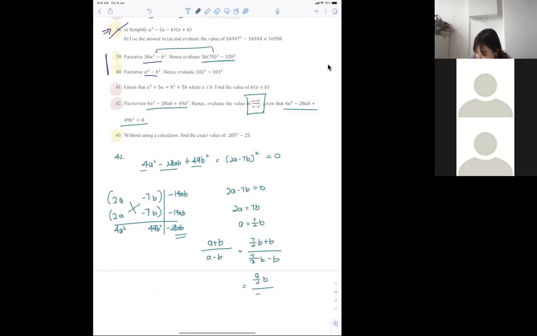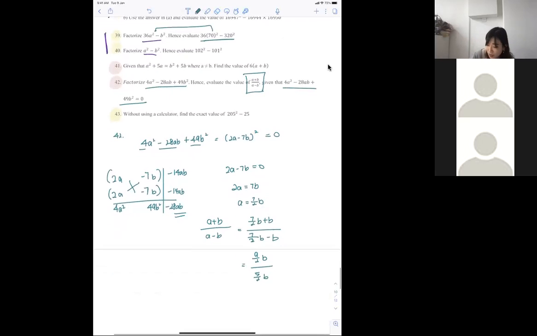So 5 over 2b. Okay, b and b can cancel. Every time when you see fraction over fraction, the longest line that you see, you change to divide. So divided by 5 over 2. Remember, you can flip the fraction, change divide to times. 2 and 2 cancel, your answer is 9 over 5.